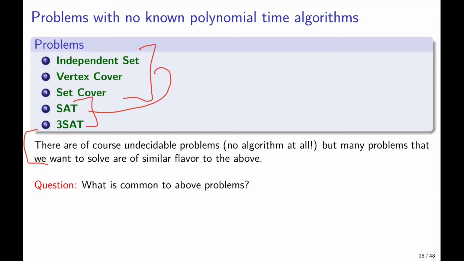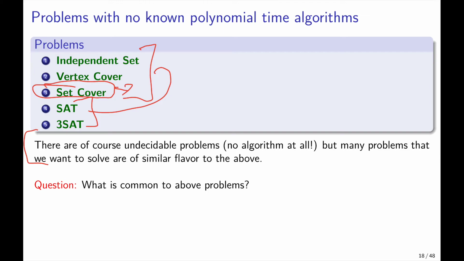And what is common to all those problems? Well, the common thing for independent set, vertex cover, set cover, SAT and 3-SAT. In fact, I don't think we talked explicitly about set cover, but we should. Vertex cover is essentially set cover, or rather set cover is the generalization of vertex cover.